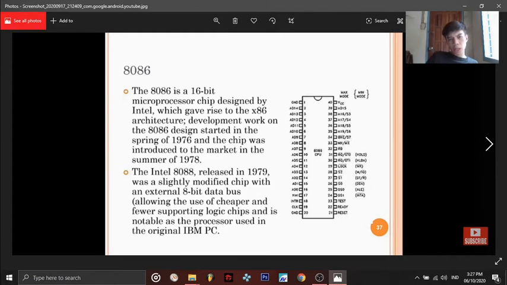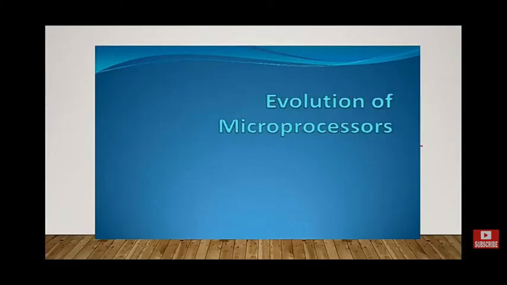Development work on the 8086 design started in the spring of 1976, and the chip was introduced to the market in the summer of 1978. The Intel 8088, released in 1979, was a slightly modified chip with an external 8-bit data bus, allowing the use of cheaper and fewer supporting logic chips, and is notable as the processor used in the original IBM PC.